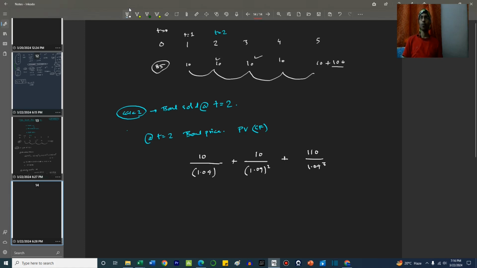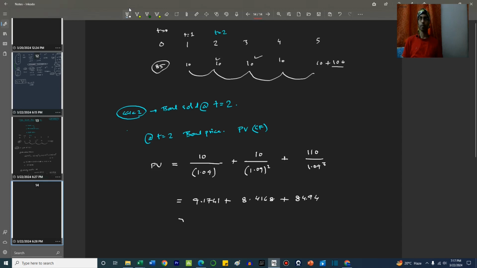So the present value becomes, let's calculate, guys. 10 divided by 1.09 is 9.1741, plus 1.09 square inverse into 10, 8.4168, plus 84.94.